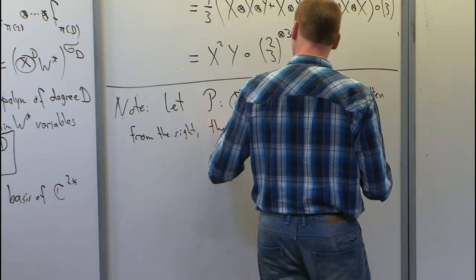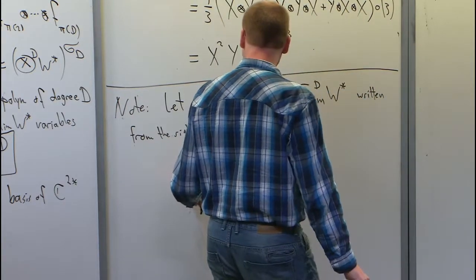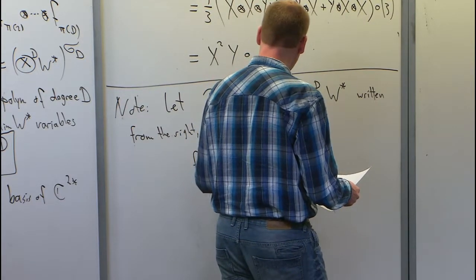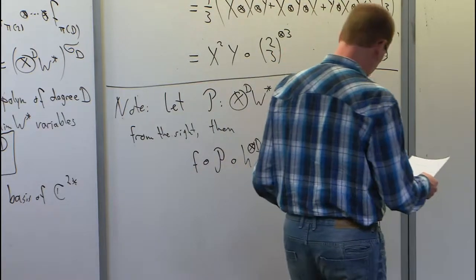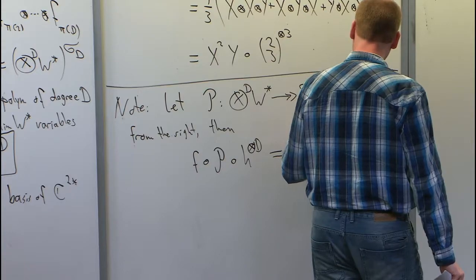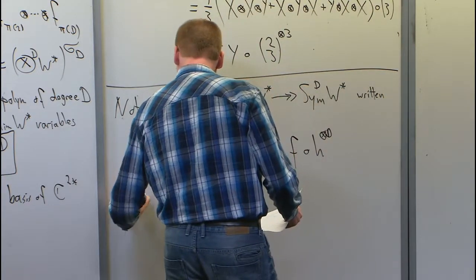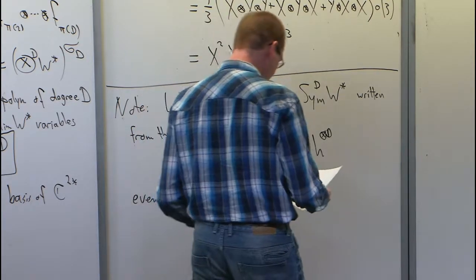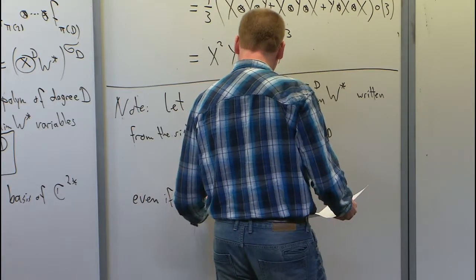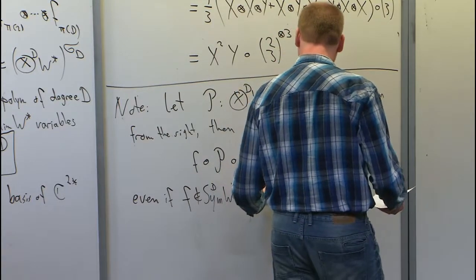Then we have this evaluation. If you take your f, you project it, and then you contract it with some tensor power, this is the same as just contracting f. That's clear, but the point is that this holds even if f itself was not already symmetric, but only some tensor.